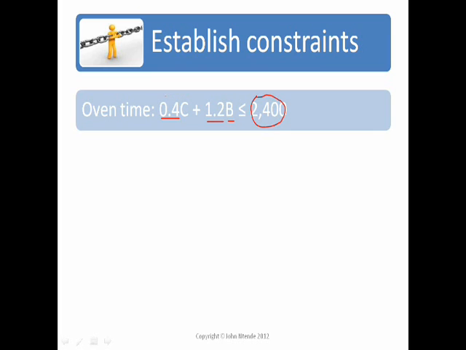So the total time in the oven would be 0.4 C plus 1.2 B, and this should not exceed 2,400. That's why we have the sign of less than or equal to 2,400. So the equation is 0.4 C plus 1.2 B should be less than or equal to 2,400.